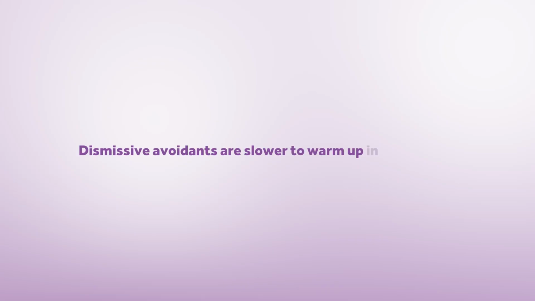So let's break this down so that you can understand the rule book of a dismissive avoidant as a friend and what they're expecting, what they hope a friendship to look like. And this even applies to things like after a breakup or after things fall apart. What is somebody even expecting or hoping when it comes to a friendship? So first and foremost, one of the biggest things you'll see, and this is pretty easy to note, is dismissive avoidants are slower to warm up in friendships.